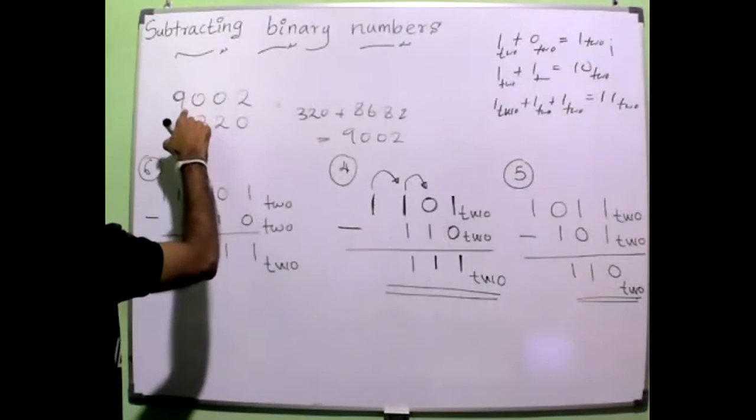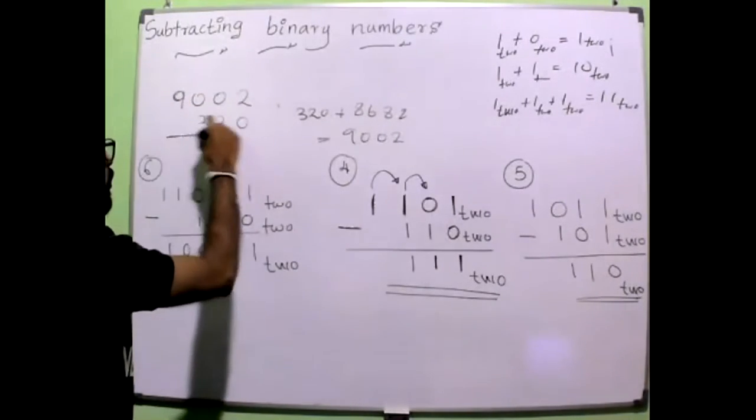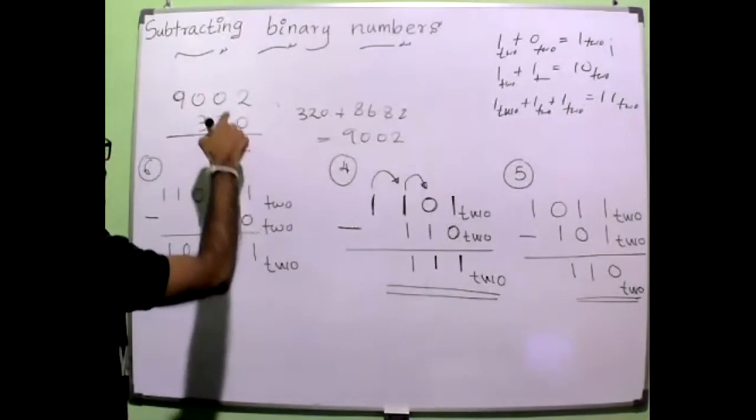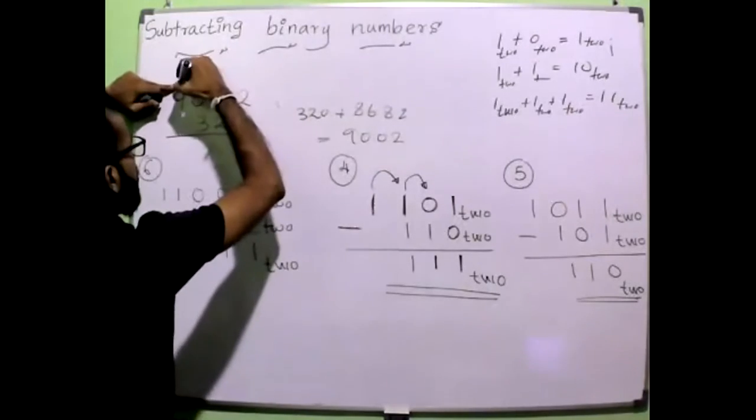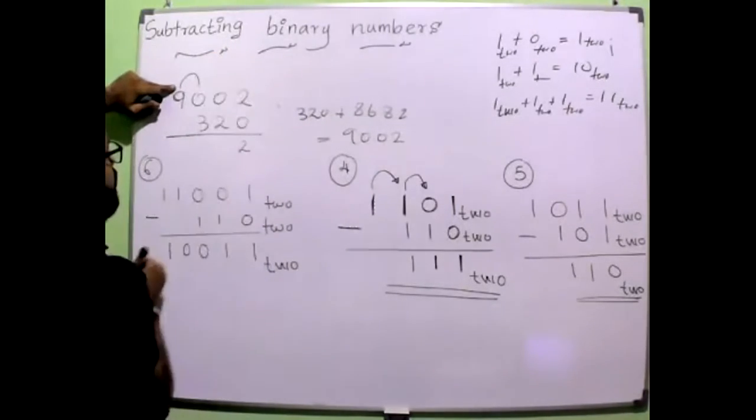Now this is your 0. 0 minus 2. You cannot do that, right? 2 minus 0, 2. 0 minus 2, you cannot do that. So you are taking 1 from this 9.